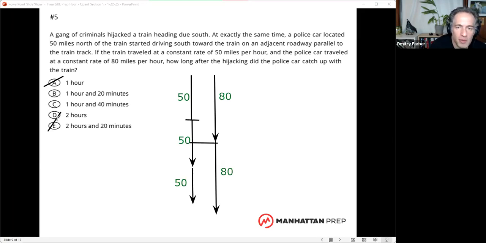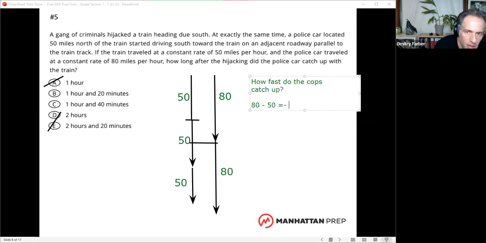If I want to fine tune it, the most common way to think about a chase problem is to subtract the rates. So I simply say, how fast do the cops catch up? They're catching up at a rate of 30 miles per hour. And so I can say, all right, rate times time equals distance.